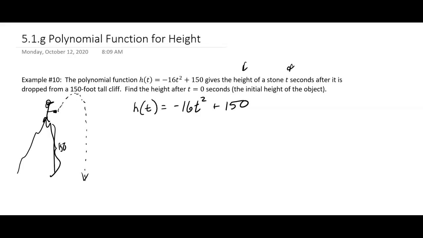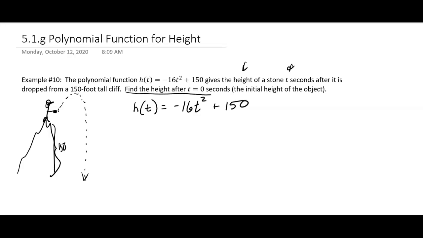Now there's a little more involved because it depends on how hard you throw the rock and stuff like that, but they're leaving out that information, the physics part of it here, and they just give us the function. Okay, so here we are, we're standing on the cliff, we're going to throw the rock, and eventually it's going to fall to the ground, and if we want to know what the height is after so many seconds, we can use this function to find that. Okay, so that's the whole idea here.